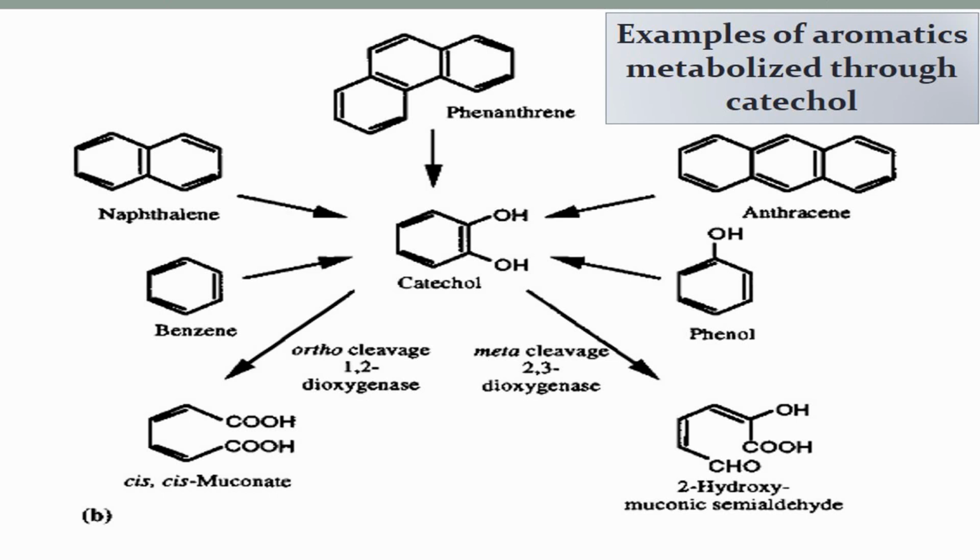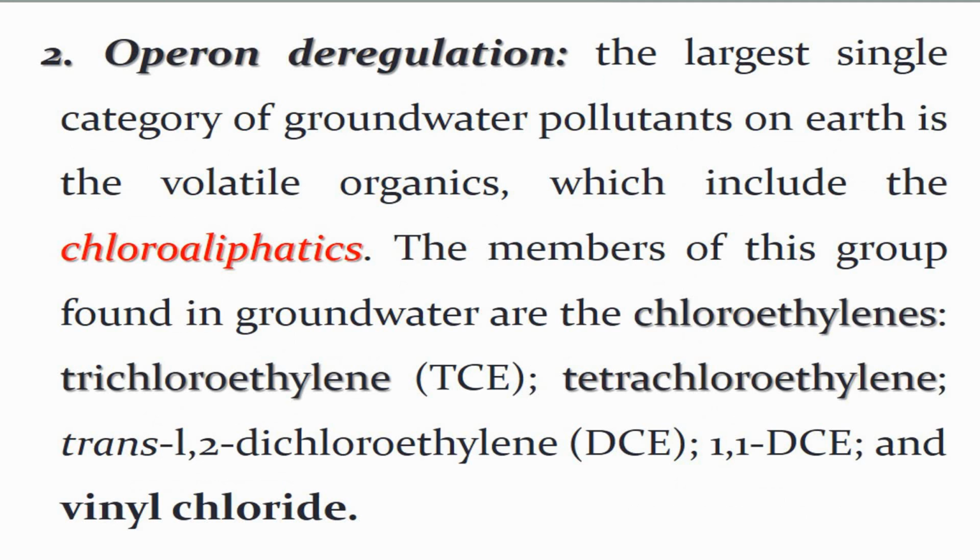According to the microorganism and the enzymes it produces, this catechol can be degraded to different products, as in this figure. So pathway construction depends on the biochemical background. These pathways can also be formed using operon deregulation.